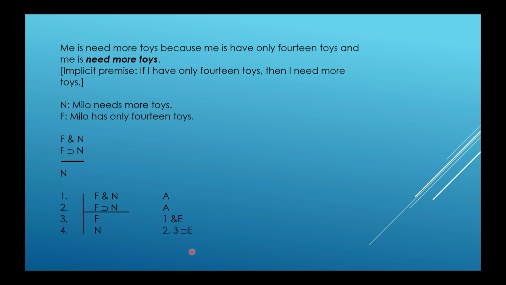And then we can use this rule, conditional elimination, to get N. The citation here is we cite the line that the conditional is on, and we cite the line that the antecedent is on. The order in which you cite those doesn't actually matter. And we cite the name of the rule.